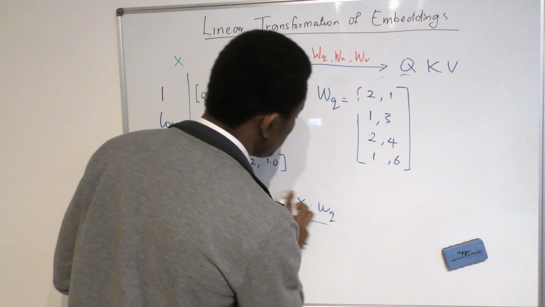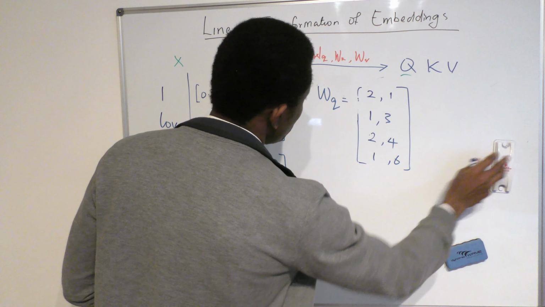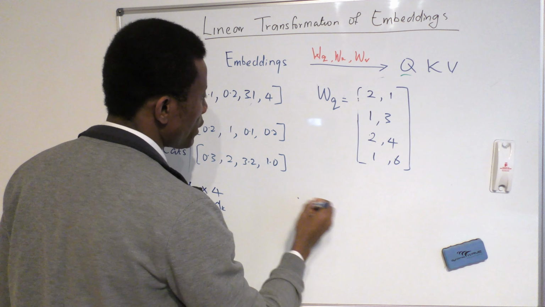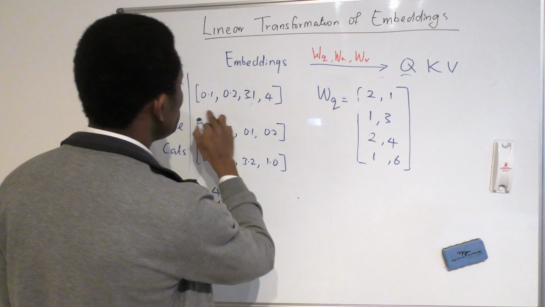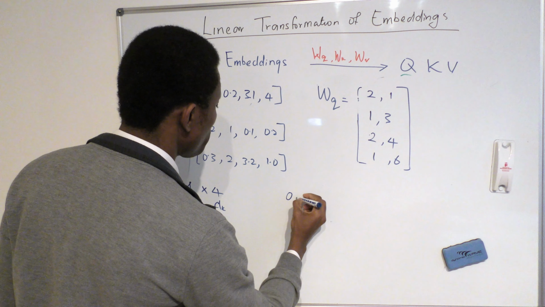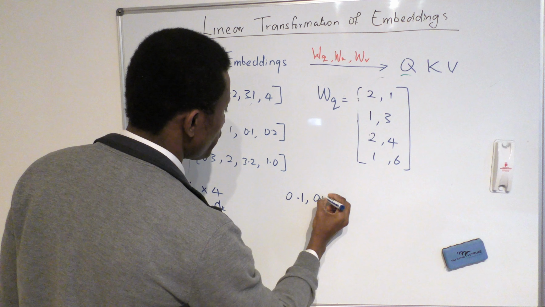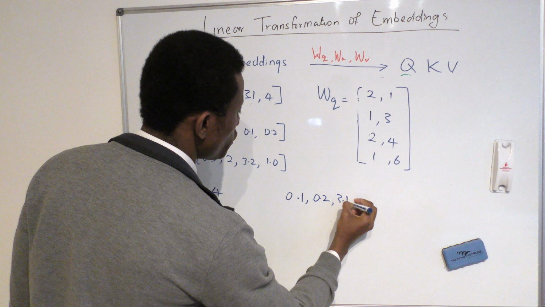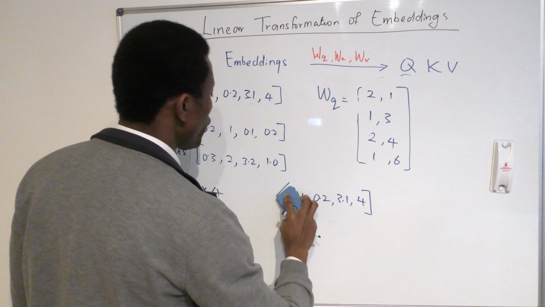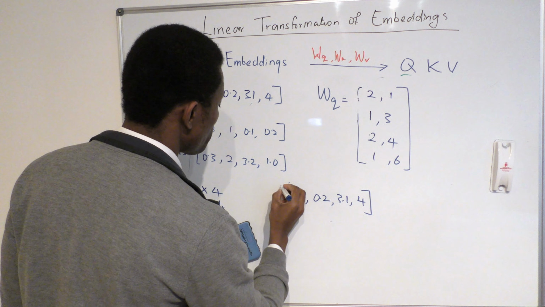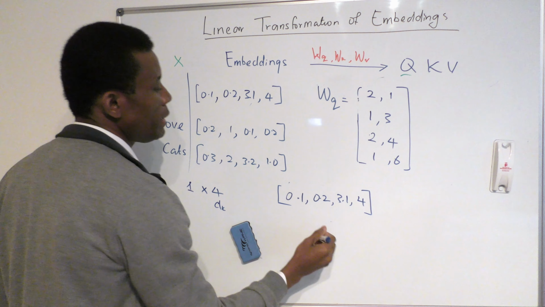So just to experiment, just to try it and see how it looks, let's just use the first one. We're going to have 0.1, 0.2, 3.1, and 4. We are going to be multiplying this with this matrix here.